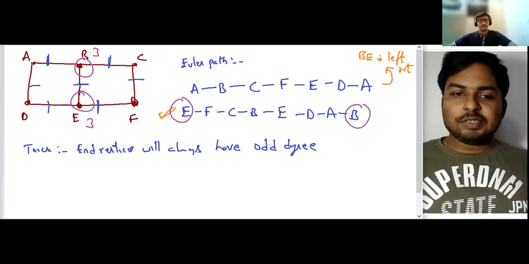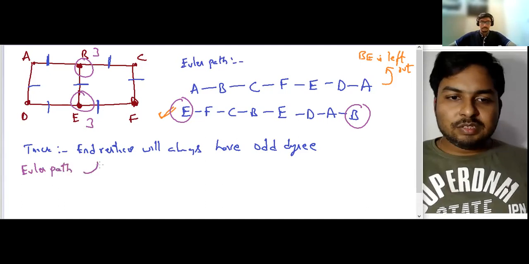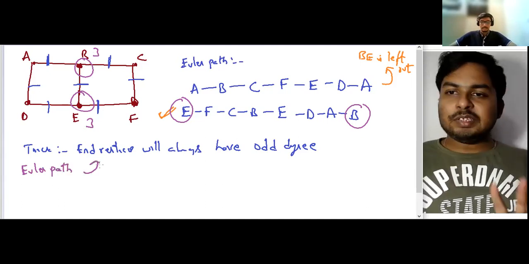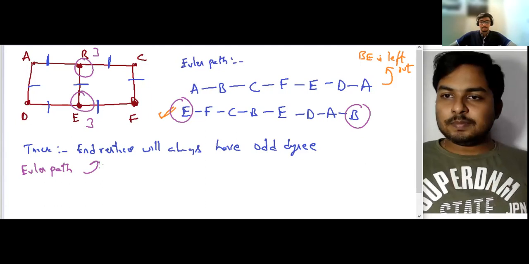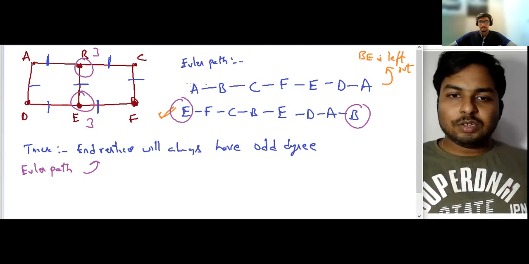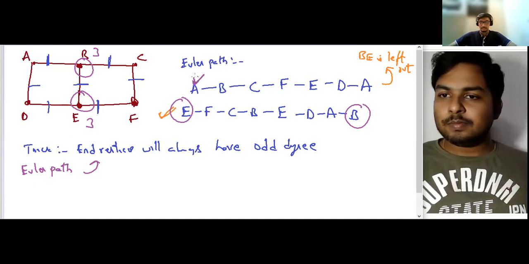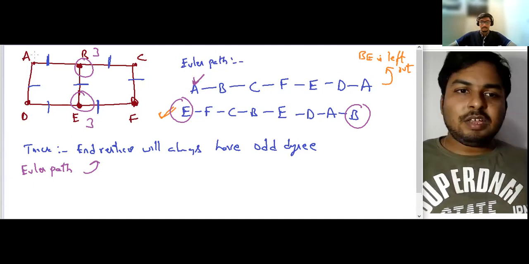So the trick is that in an Euler path, the end vertices will always have odd degree. So do not start with an even degree one. Starting with A will not give you an Euler path for sure, because the degree of A is 2.